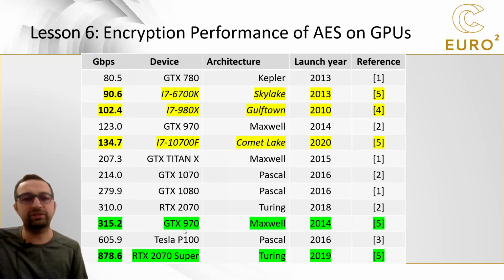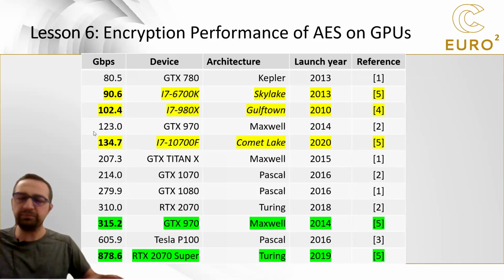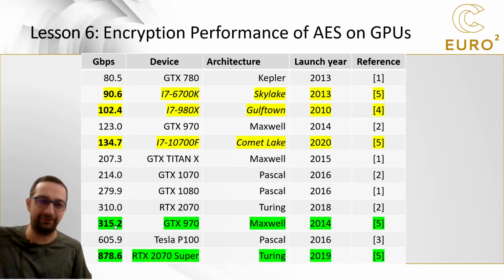In the literature, the same GPU is used, but with a table-based implementation, and they achieve 123 gigabits per second. So removing the shared memory bank conflicts, which was actually the bottleneck in all of these implementations, provides us more than 2.5 times speedup. From 123 we move on to 315.